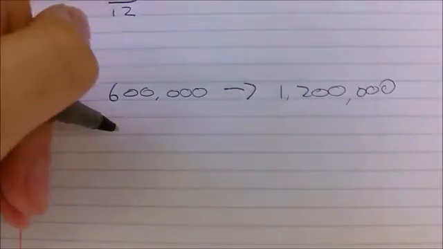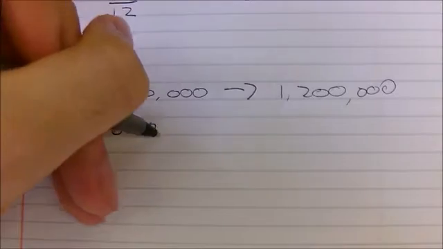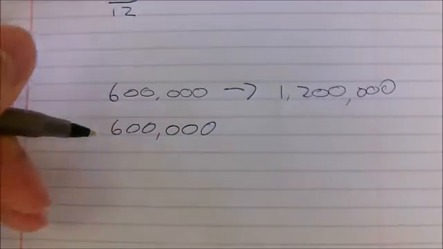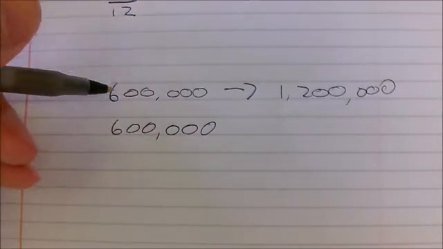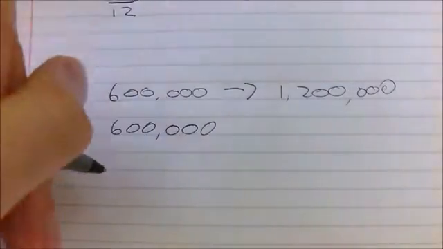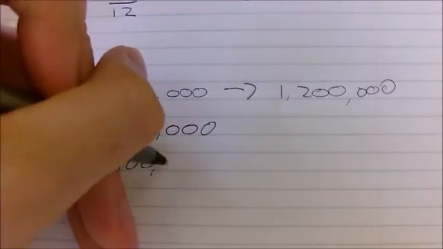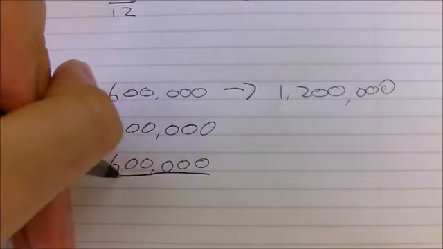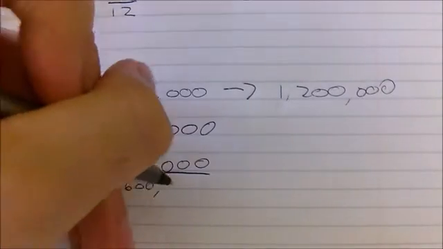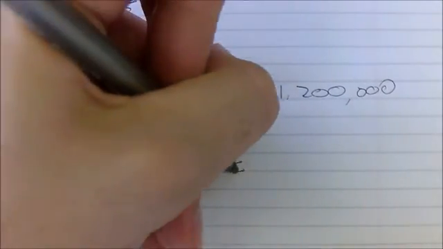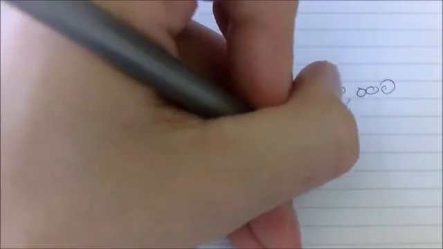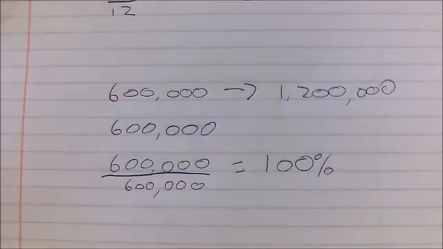So the increase is 600,000 people, and we've got to find that increase as a percentage of the original number. So 600,000 as a percentage of 600,000, which is actually 100%. So there was a 100% increase in population.